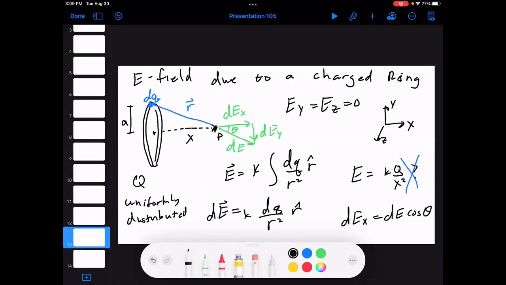But that was, in fact, the hard part, because let me ask you, as I go around this circle and I pick out different chunks of DQ, and I try to relate that to my R right there, is my R going to change its length, or is it going to stay the same?